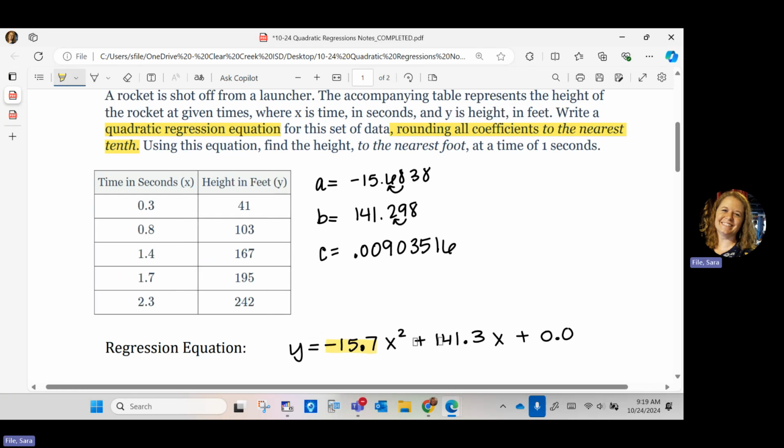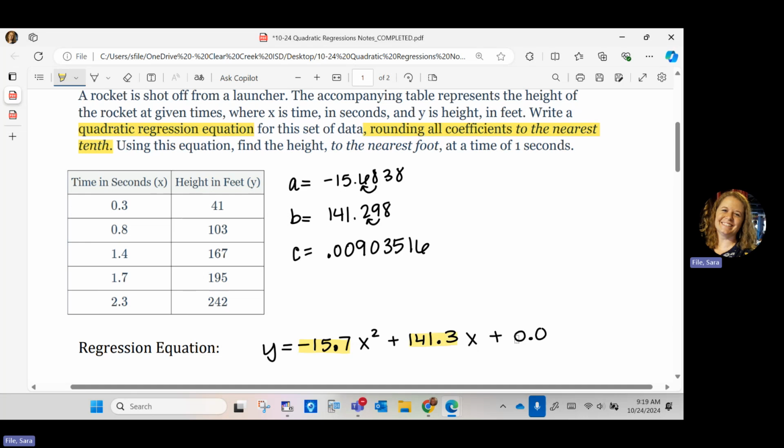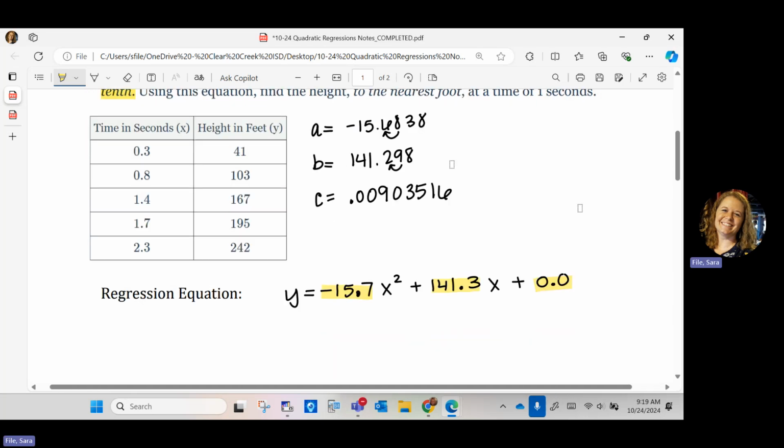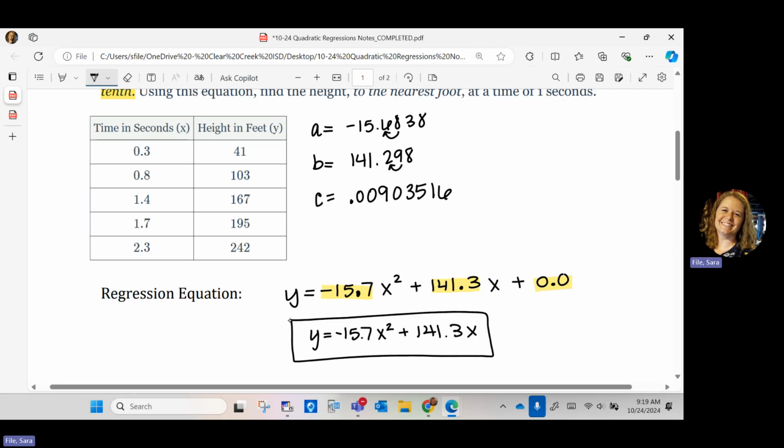No. So all of these are rounded to the tenth. Okay, but I don't have to have 0.0 or 0 at all. So I'm just going to write it like this. So that is my regression equation.